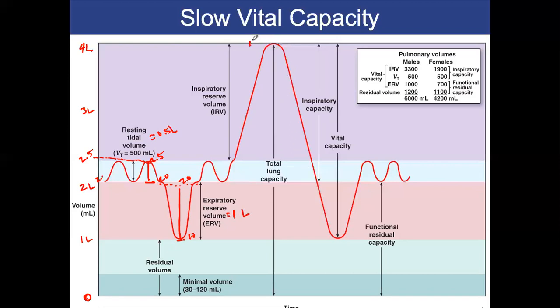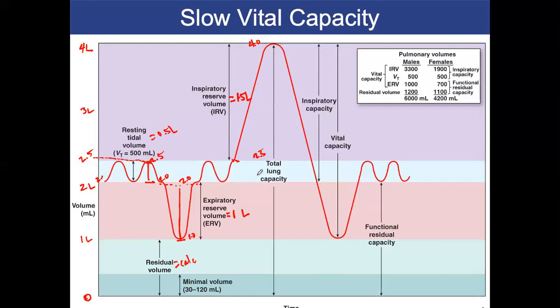It would be 4 minus 2.5, because it's the peak minus the peak of your tidal volume, which was 2.5. So that would be 1.5 liters, okay? And then vital capacity, add them all up. Residual volume, you need to calculate that.